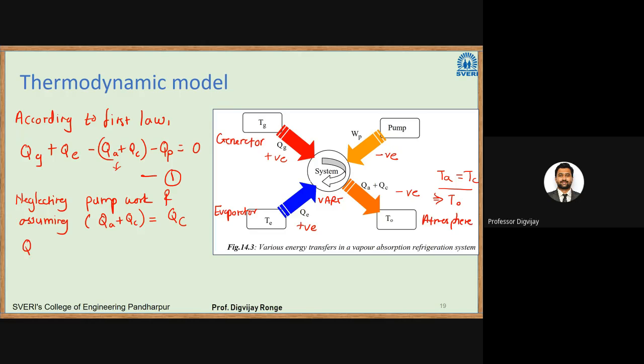So see, the equation will reduce to QG plus QE minus QC. QP will be 0, so that will be 0. So this will be equation 2. So we have neglected the pump work, and have replaced this absorber plus condenser heat rejected by simply QC. Okay, so write it down.